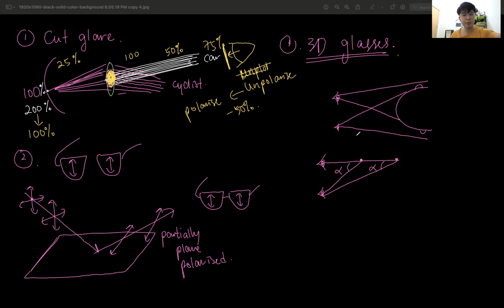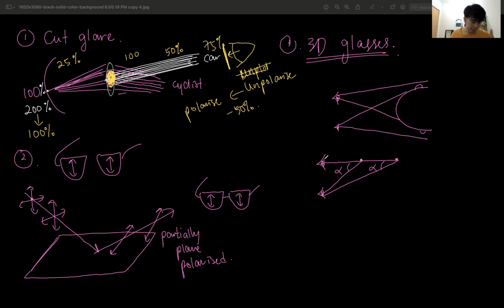What is the depth? Is it coming forward? Is it moving backwards? Using these two images. So the point is you need two pictures to form a 3D image of something, or to see the depth of something. Two pictures, two eyes.